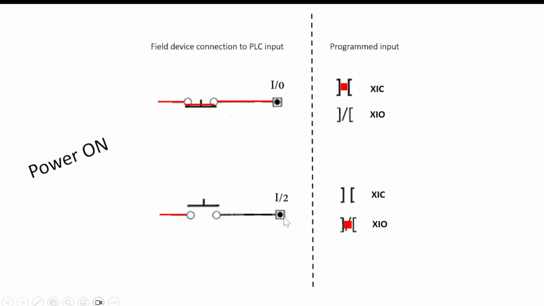If we go down to this one, this is a normally open push button, so there is no voltage being applied to input 2. That means the XIC remains false, but the XIO is true. So remember, XIO goes true when there is no voltage applied to the input terminal. An interesting application.